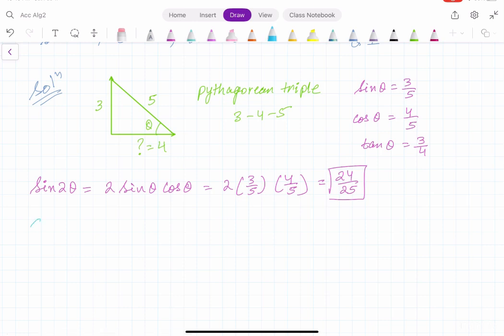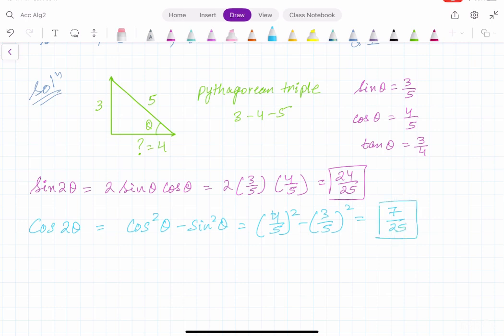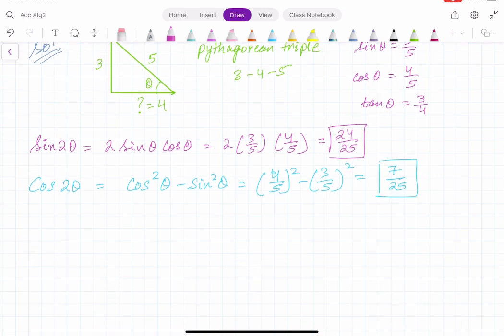Let's do the same drill again for cos 2 theta and tangent 2 theta. I'm taking cos squared theta minus sine squared theta. For cos 2 theta, you can take 1 minus 2 sine squared theta or 2 cos squared theta minus 1 as well. In either of the scenarios, the answer will be the same. The same thing with the tangent 2 theta.